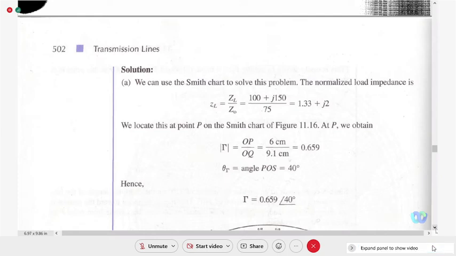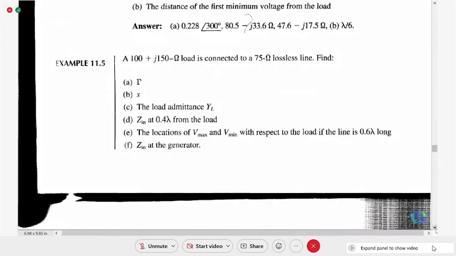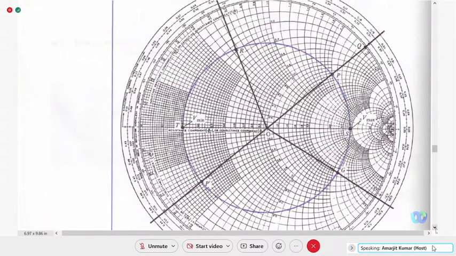Okay, so see, the first part is reflection coefficient. Now come to the Smith chart. Locate the load impedance first. Where is the load impedance? Reactance circle X is equal to 2, R is equal to 4/3, 1.333. So where are R and X?